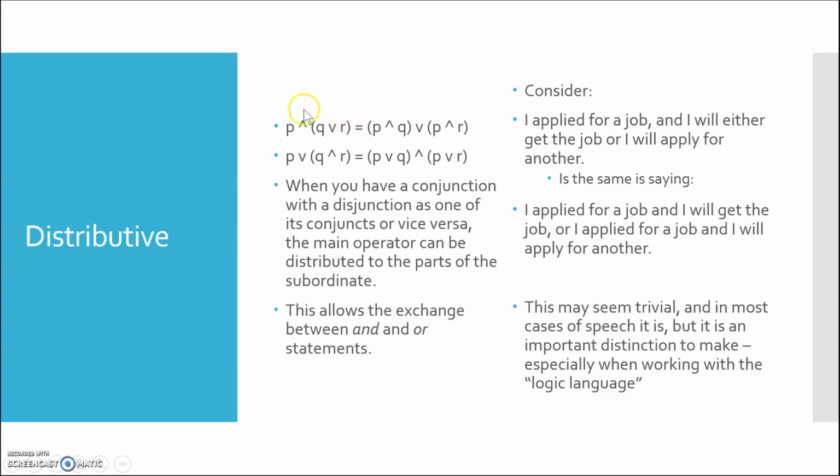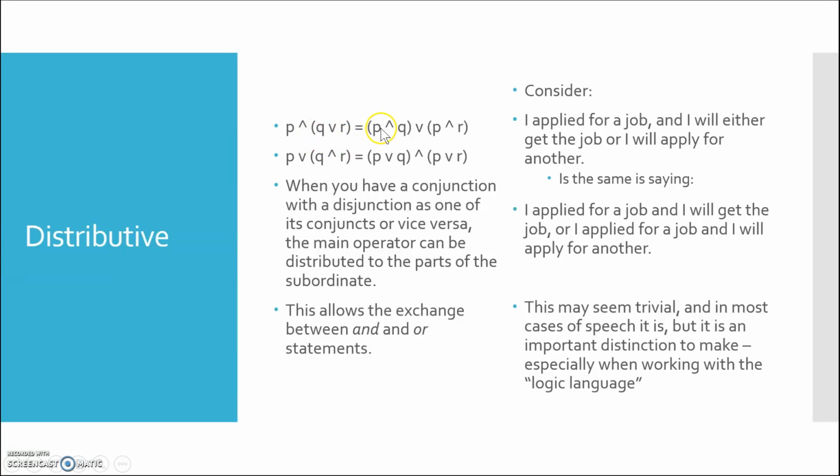So you'll see here the main operator here is a conjunction. The conjuncts are P and Q or R. You can distribute this P and to both of the disjunctions in the subordinate.